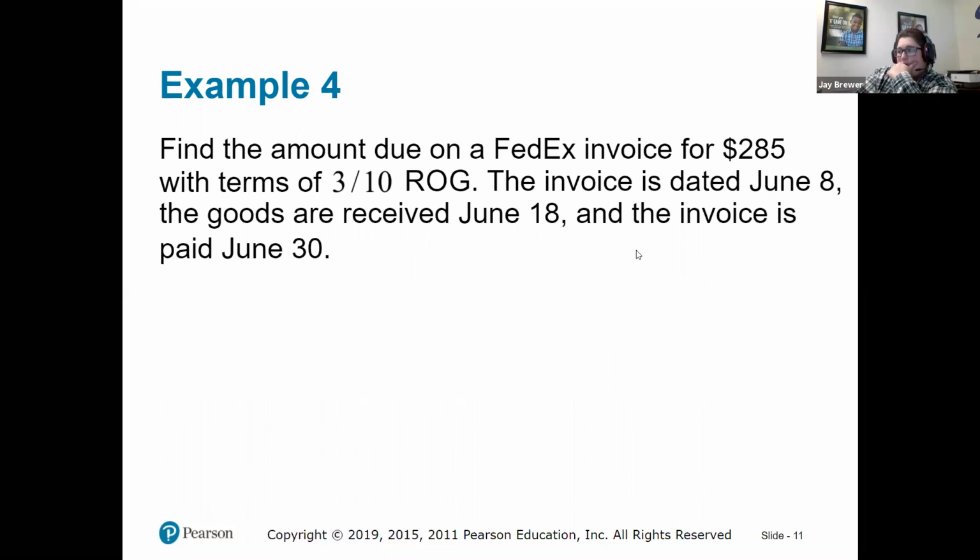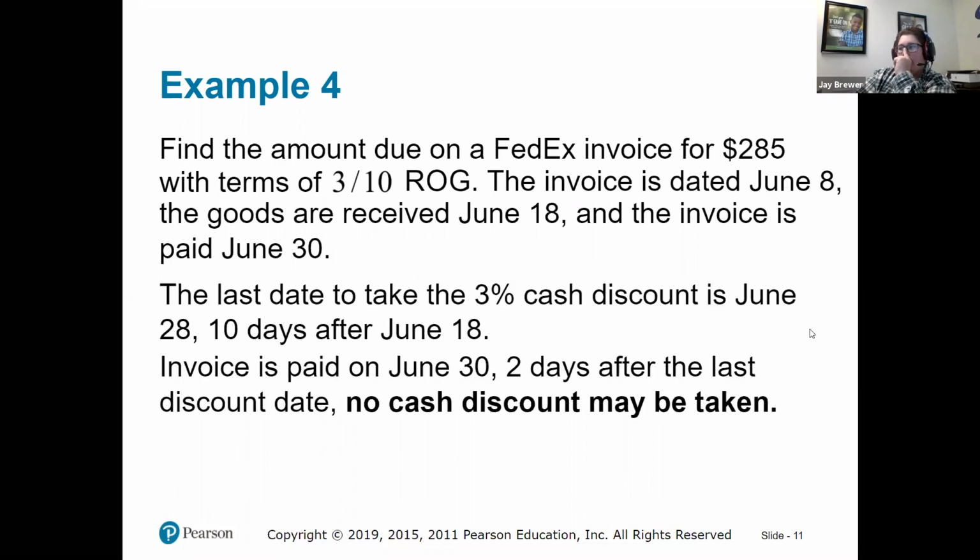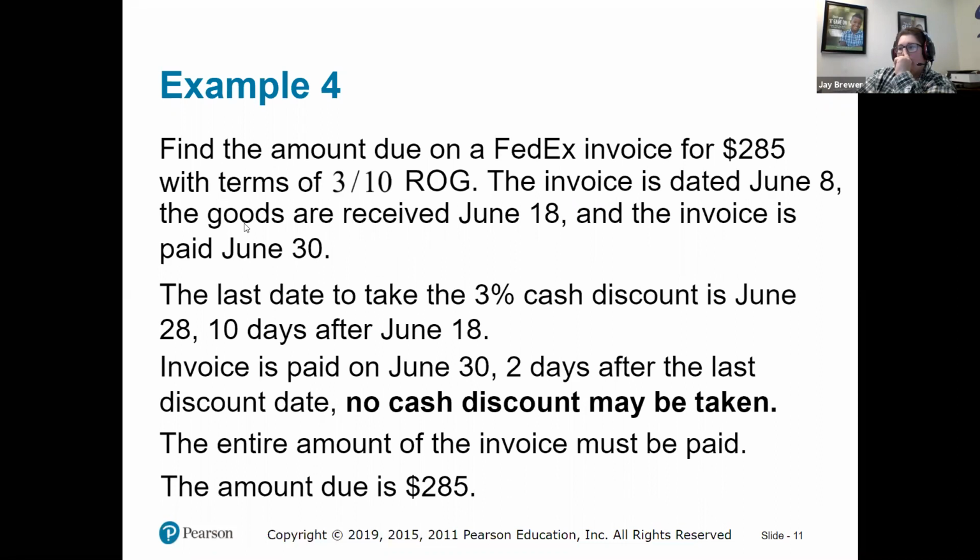All right, I'm going to kind of fly through these because we're almost out of time, and I feel like we don't really need to come back to this except with problems. So this one says find the amount due on a FedEx invoice of $285 with terms of 3/10 upon receiving the goods. The invoice is dated June 8th.